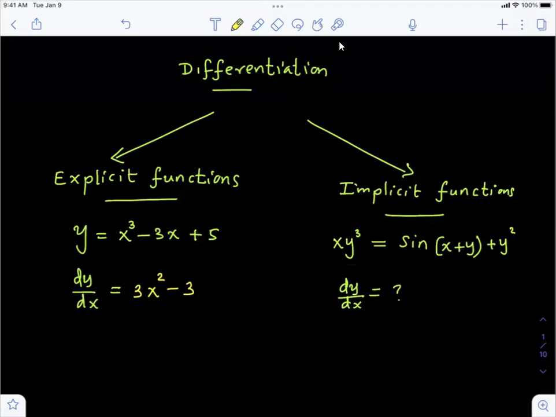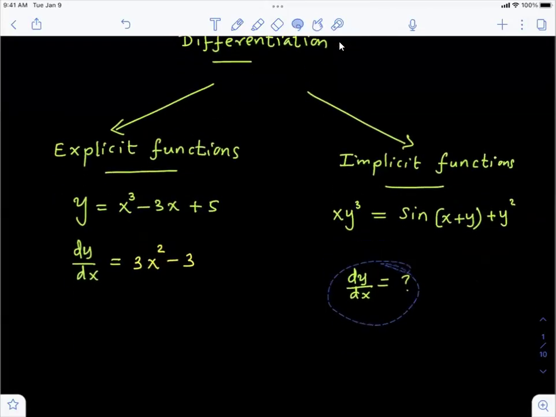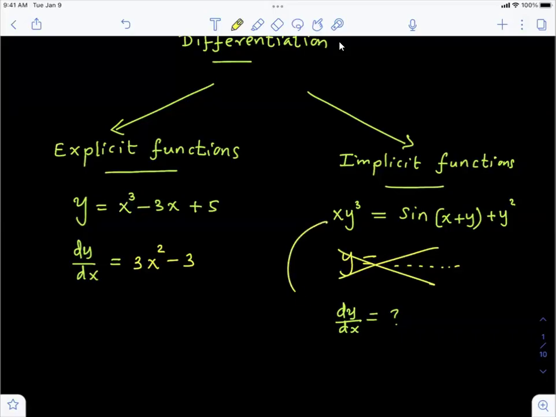Now, when you consider this scenario, it may sound like an impossible task to compute the derivative, since we do not have y as a description of variable x. But in fact, the beauty of calculus is that we do not need that to get to the derivative directly.